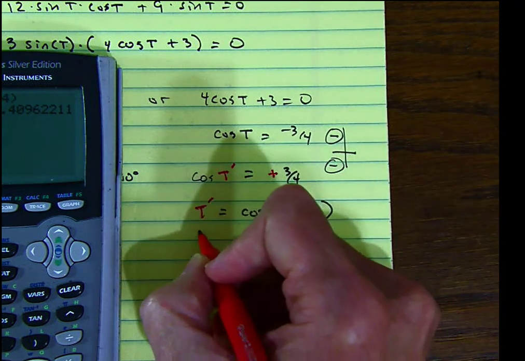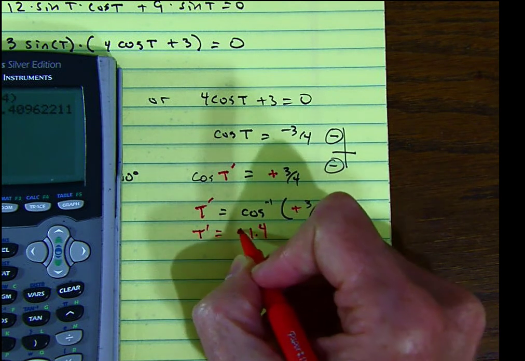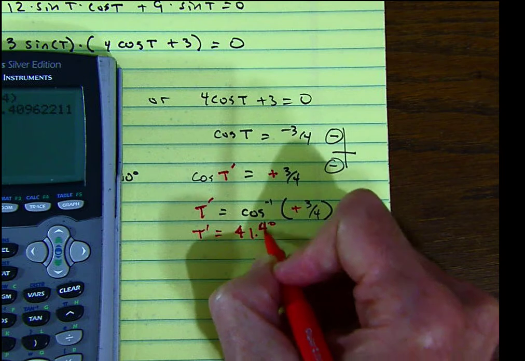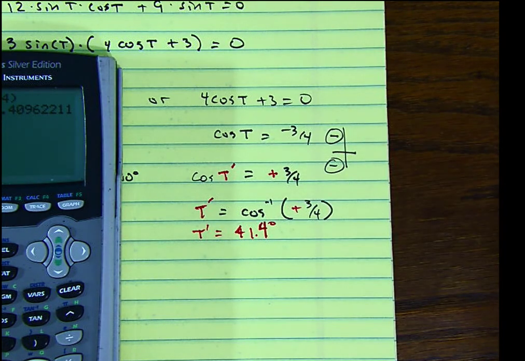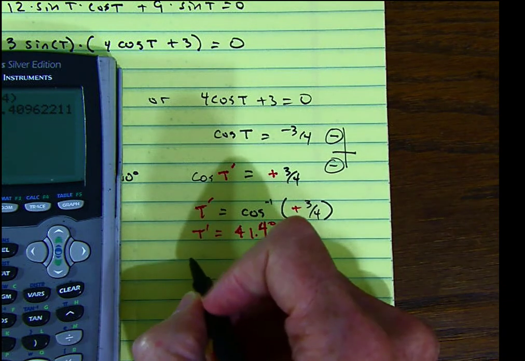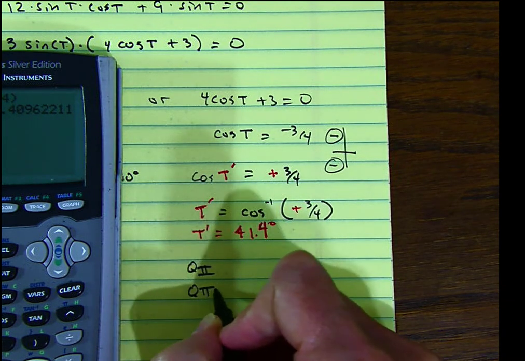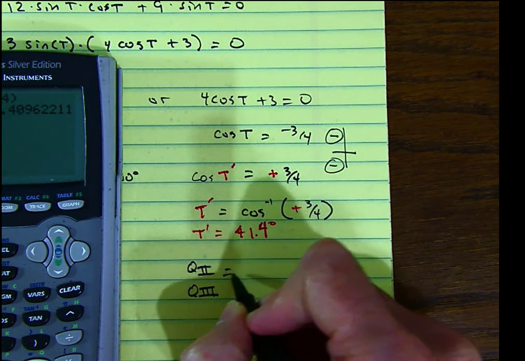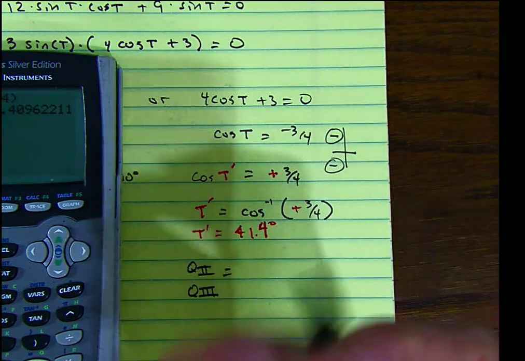So the reference angle is 41.4 degrees, and we'll just leave it there at 1 decimal value. And then we can transfer that into a quadrant 2 solution and a quadrant 3 solution. The real theta, not the quadrant.